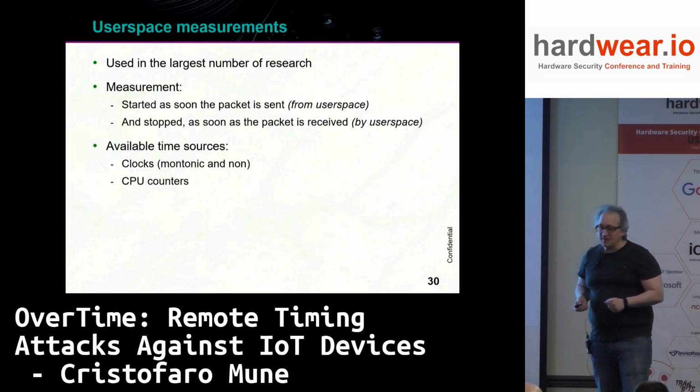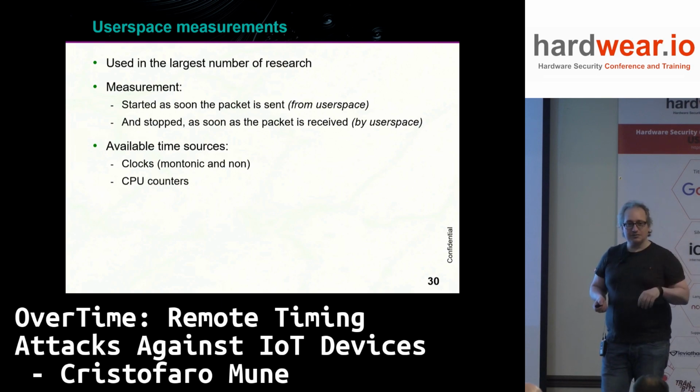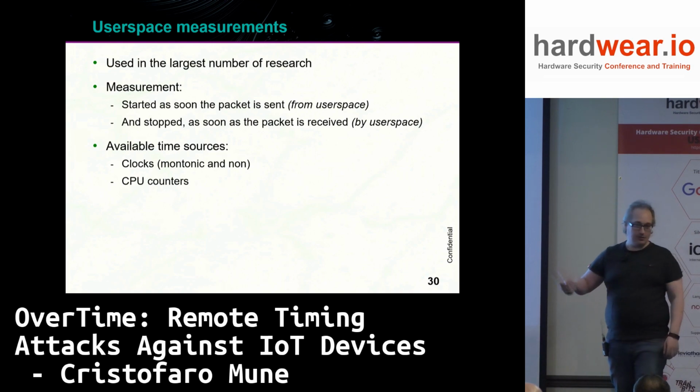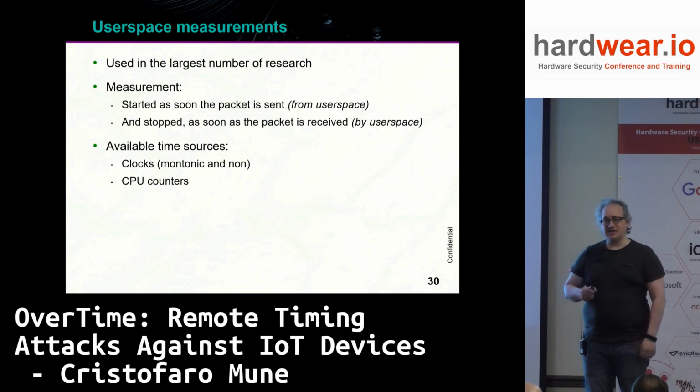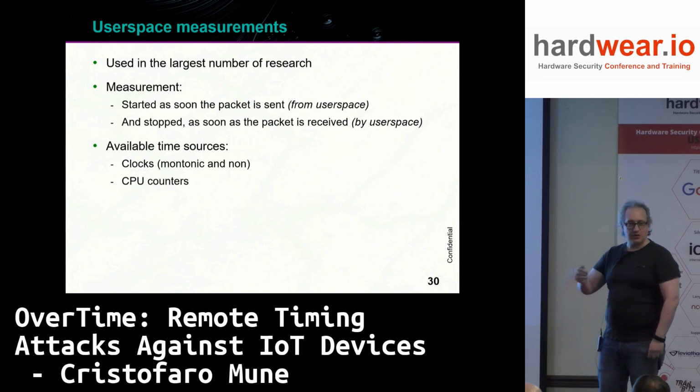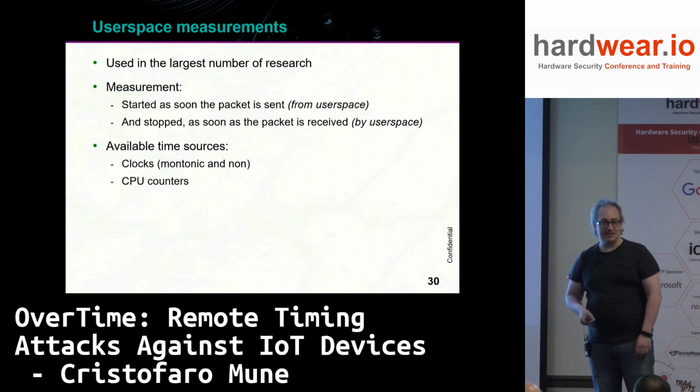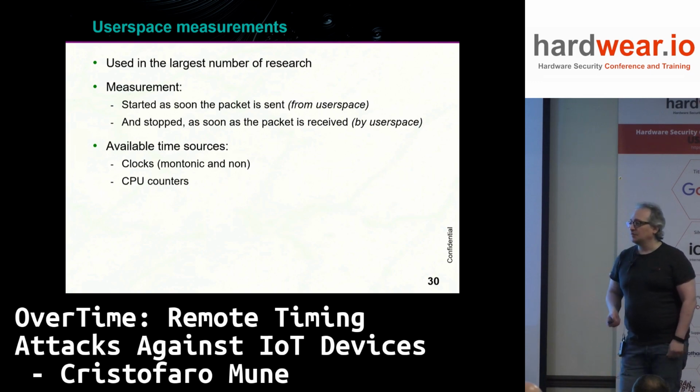Another important thing you can use is not the clocks which are provided. You can start using the CPU performance counter, and it goes at the speed, of course, of the CPU. So in principle, if I use exactly the same perf counter that people like Daniel Gruss and others use for cache timing attacks, I have the same kind of resolution.